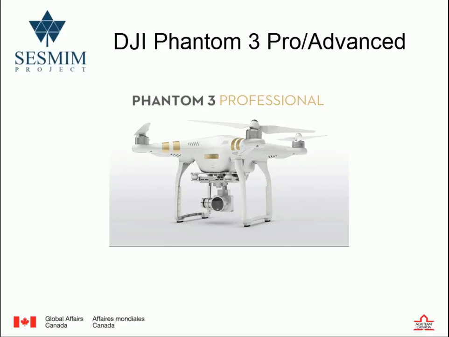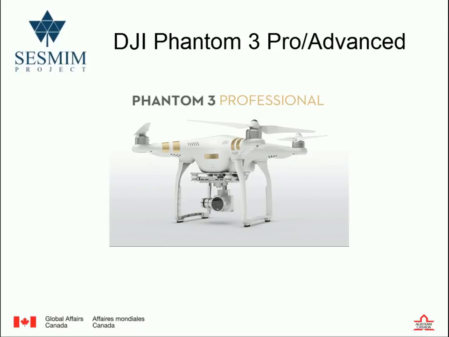The difference in the camera doesn't matter for aerial mapping; the cameras are the same. For FPV, the Phantom 3 Pro will do 4K HD video and the Advanced won't, but even in our case, we will never use 4K video.